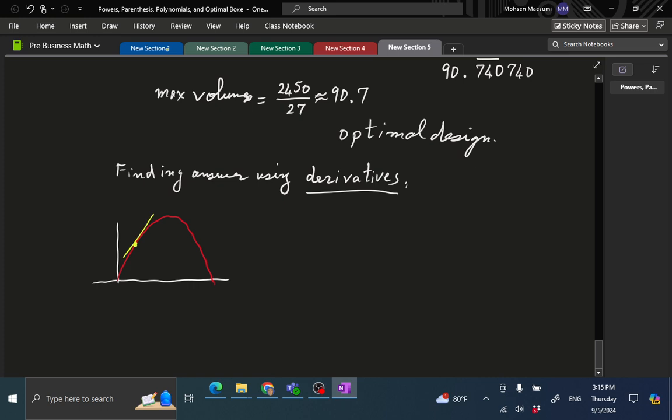How steep this line is, how you are climbing, is decided by how steep the tangent line is. That is exactly what the derivative is. So derivative is equal to the slope of the tangent line.